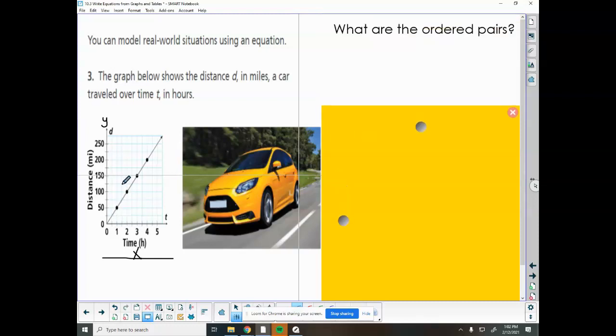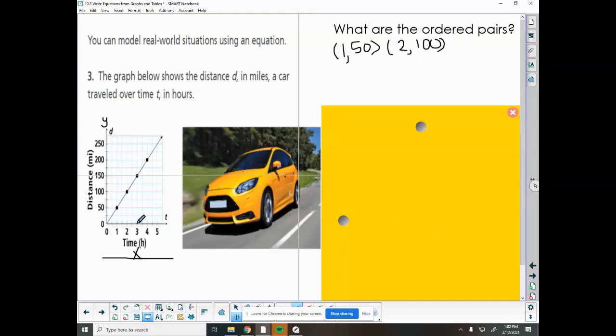So let's go ahead and list all of these ordered pairs here. The first one is 1 hour, 50 miles. See if you can finish listing the other 3 ordered pairs that are given here. Next we have over 2, and now they've gone 100 miles.